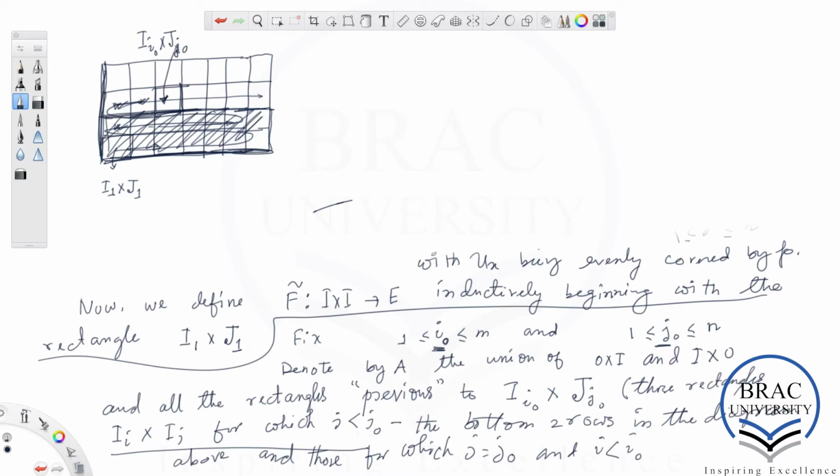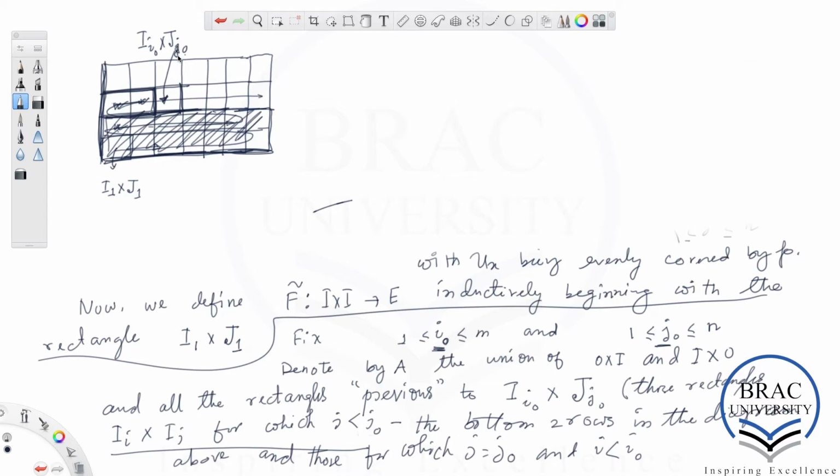So we are talking about these two rectangles on the same row of I sub i0 cross J sub j0. So j sub 0 represents the row this rectangle is in.